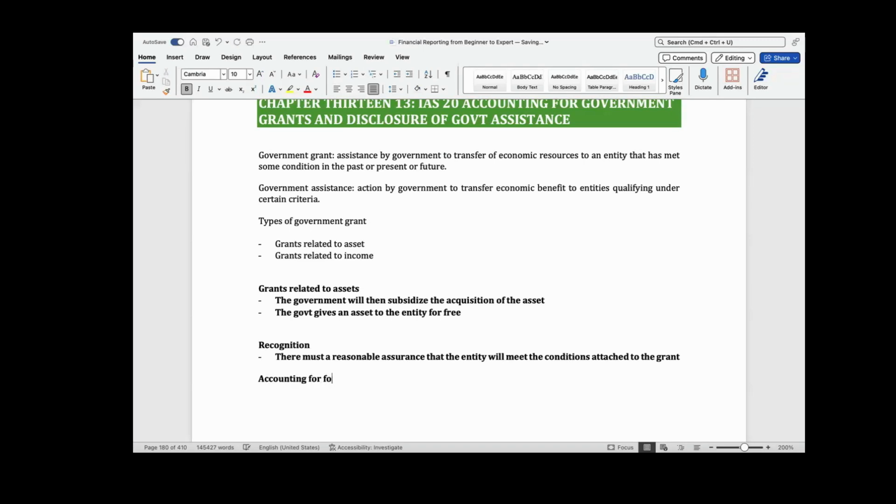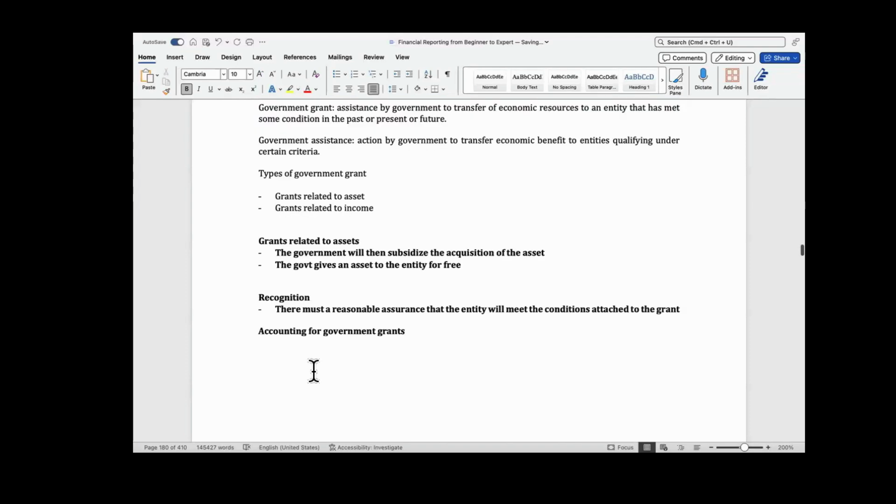Then how do you account for government grants? Very straightforward. If it's a grant related to income, there are two methods for accounting for it.